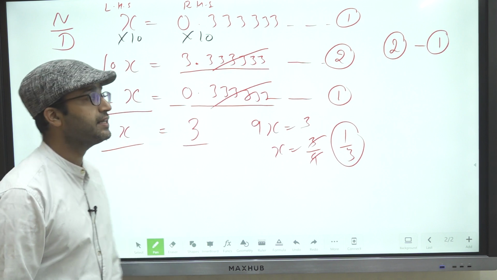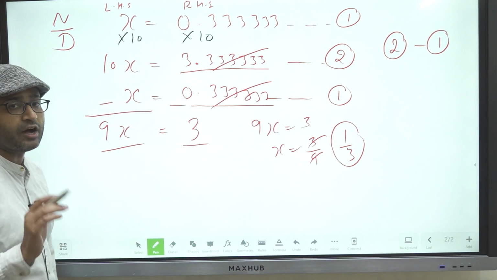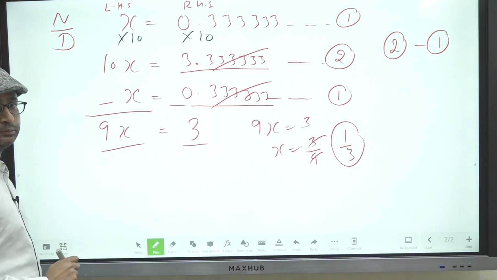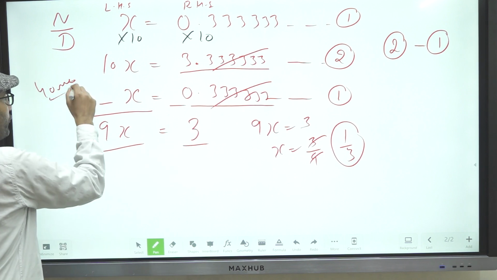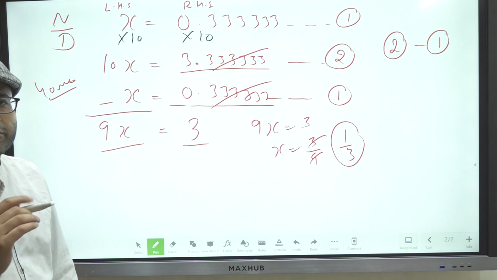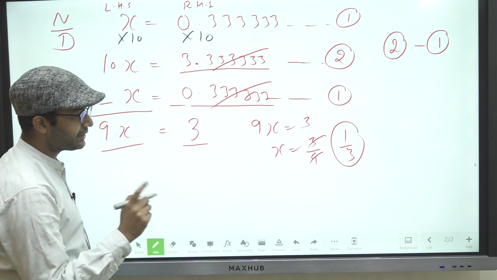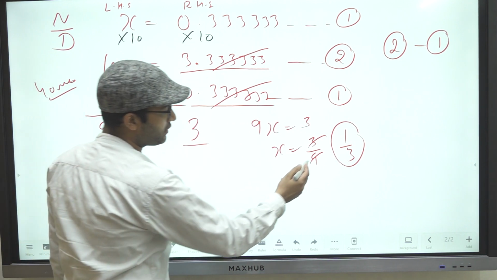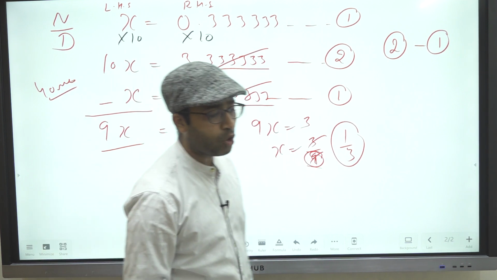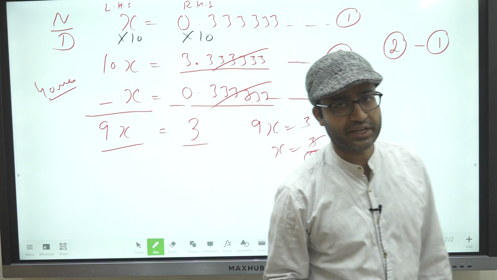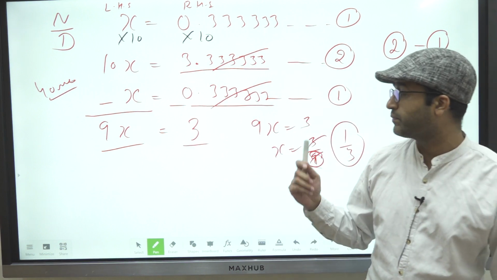But the point here is, I'm not in favor of this method. Why? One thing is it is time consuming. For a simple question it takes around 40 seconds, whereas we can solve this type of question in 1 second. And second, here we get 9 in the denominator. When I tell the short trick, students ask how come 9 is there.